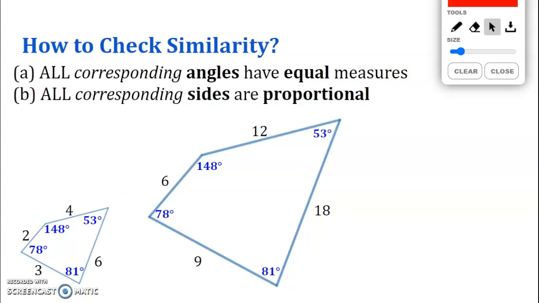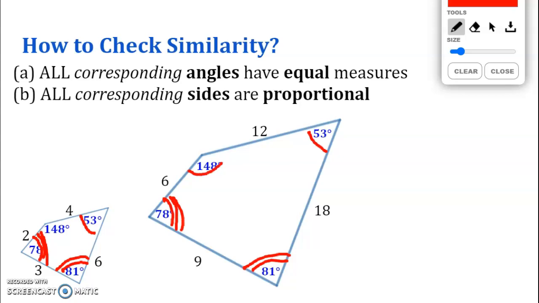We need to make sure that corresponding angles have equal measures first. You see the 53, 53, and 53, they're congruent. The next one is 81 and 81, they're congruent, and 78 and 78 degrees are congruent.